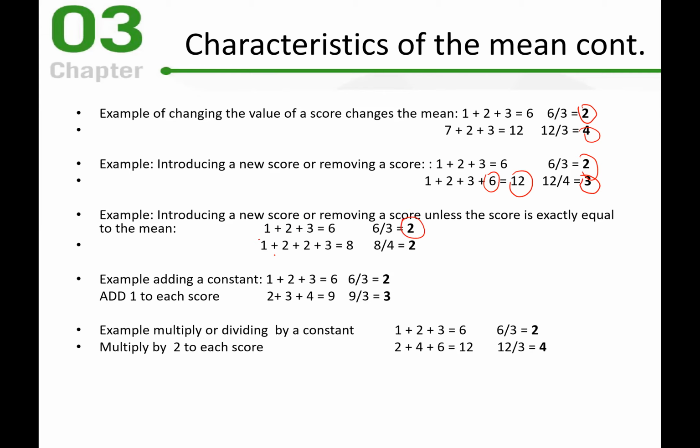Let's say I added an additional 2 to my population of scores. So now I have a population size of 4 scores, and one of the scores is equal to the mean, right? Well, if I add a score that's equal to the mean, the mean is going to stay the same, all right?